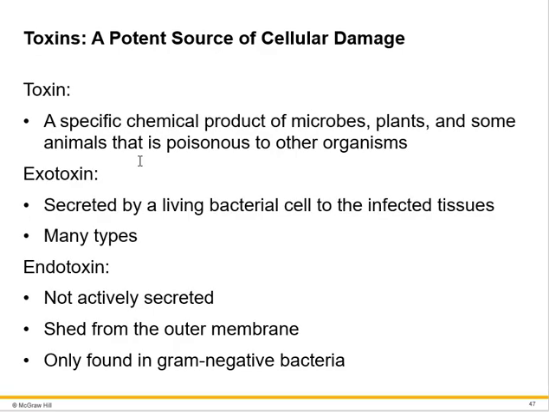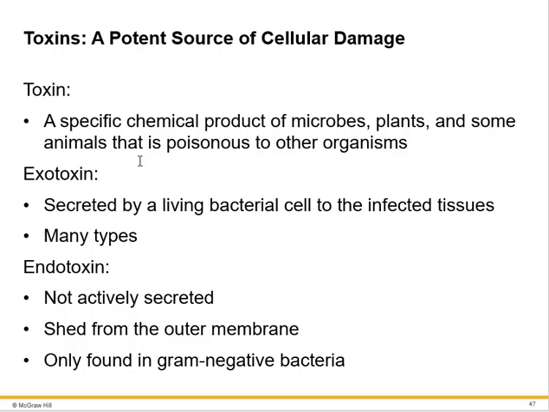Toxins can actually be an enzyme as well, but toxin literally means poison. It is a specific chemical product of microbes, plants, and some animals that is poisonous to other organisms, and it helps get rid of the competition, as we have talked about before. An exotoxin is one that is secreted by living bacterial cells to the infected tissue. There are many types.